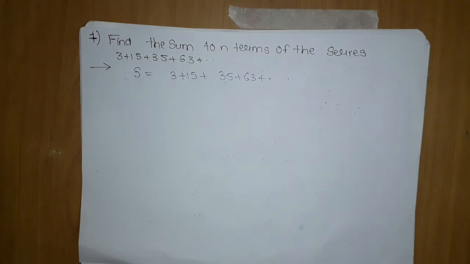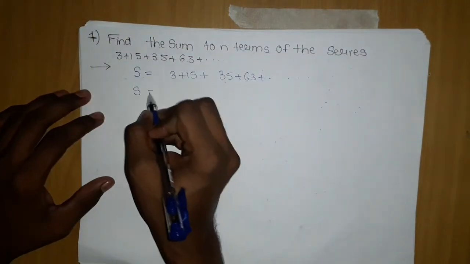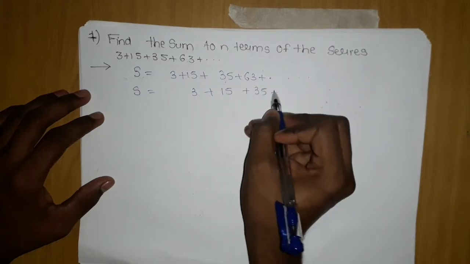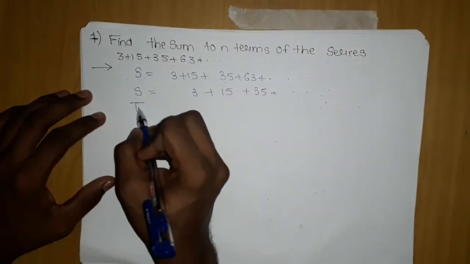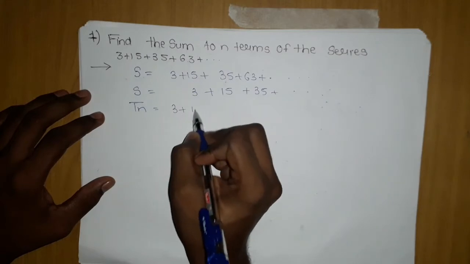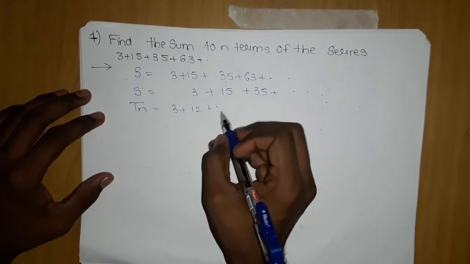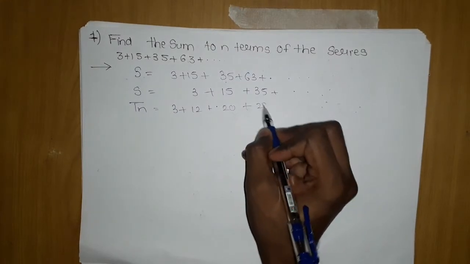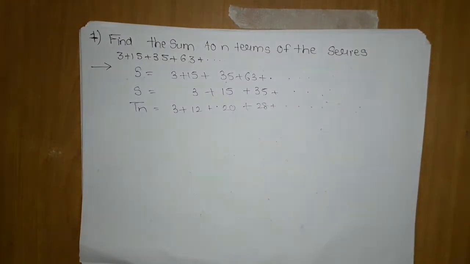Let's write the S again, 3 plus 15 plus 35 and so on, subtract them, get the Tn: 3 plus 12 plus 20, right, then it will be 28 and so on. Now you can clearly see that these are in AP.